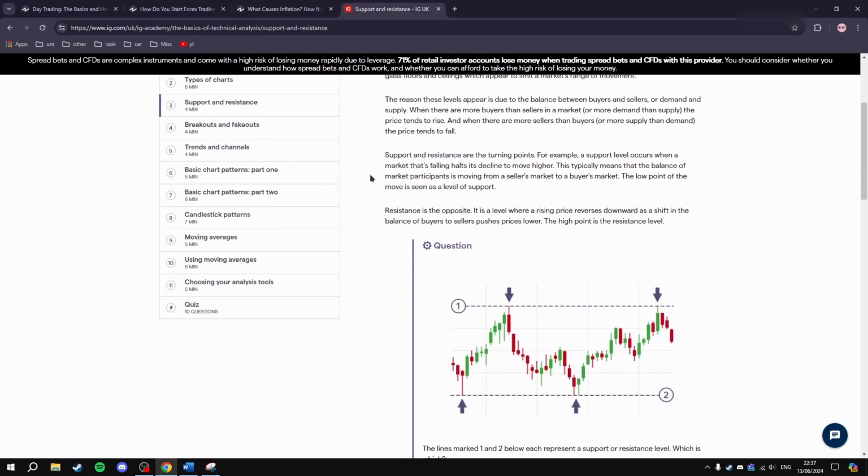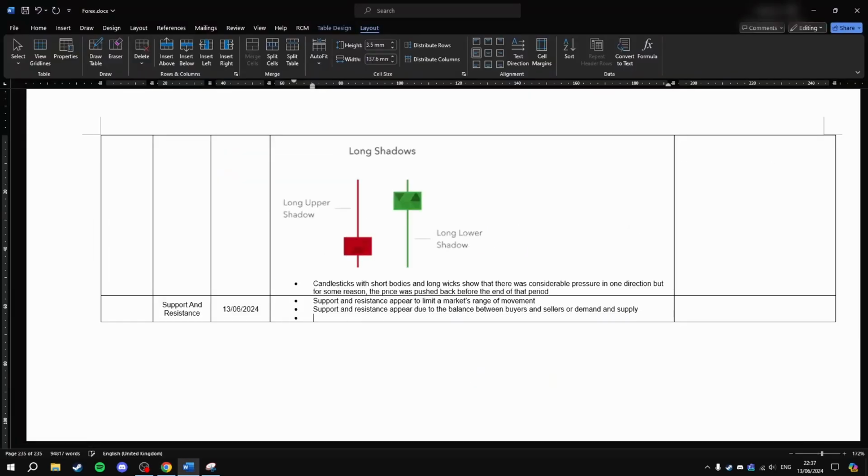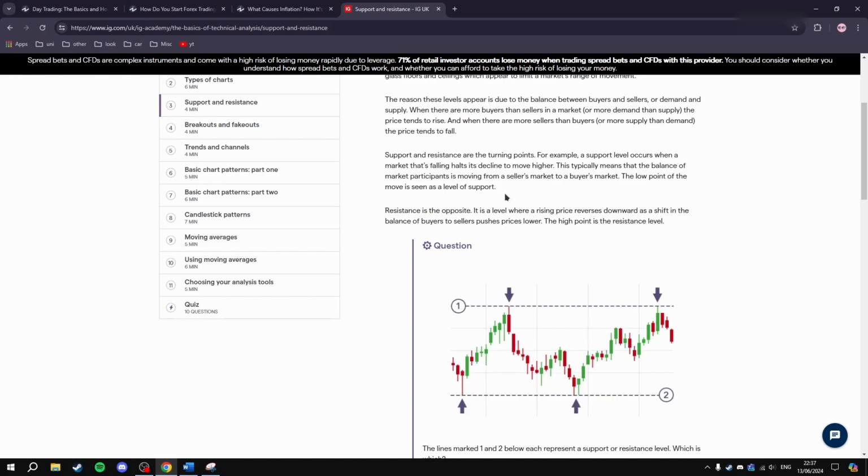The reasons these levels appear is due to the balance between buyers and sellers, or demand and supply. So the buyers are the demand, sellers are the supply.